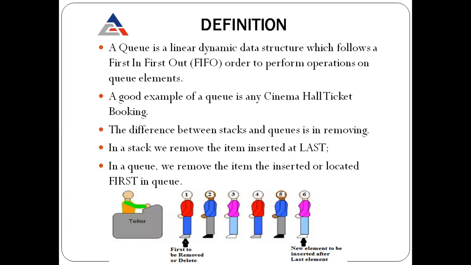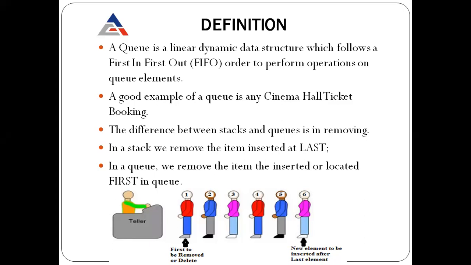The people are standing in a queue to get some ticket from the teller, and the person at the first position is first to move out of the queue, or you can say first to be removed or deleted, and the person at the last in the queue is the last person to get out of the queue. And if we want to add some new person in the queue, that new person will be added after the last person existing in the queue.